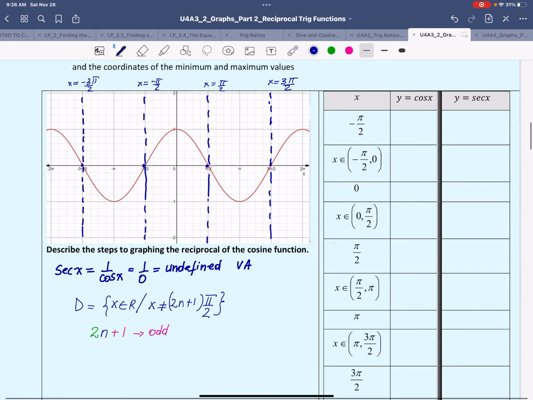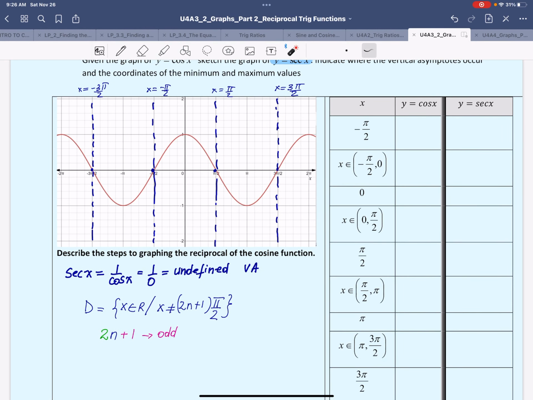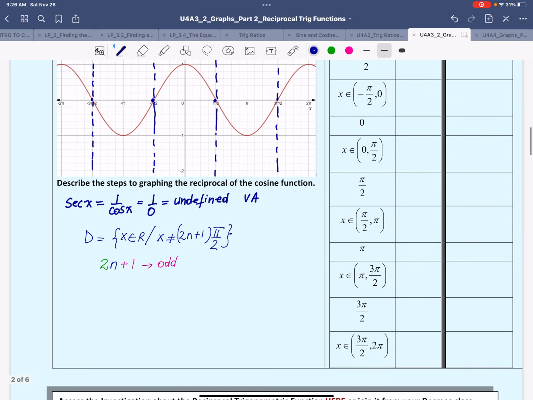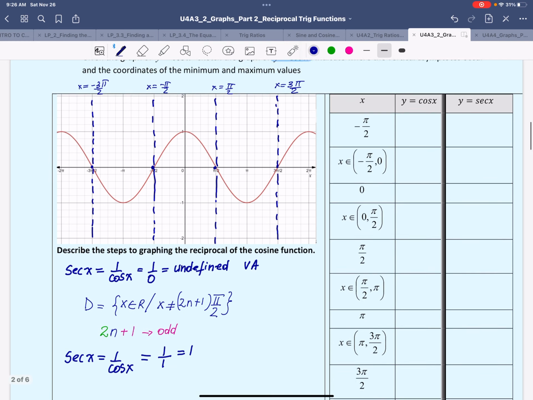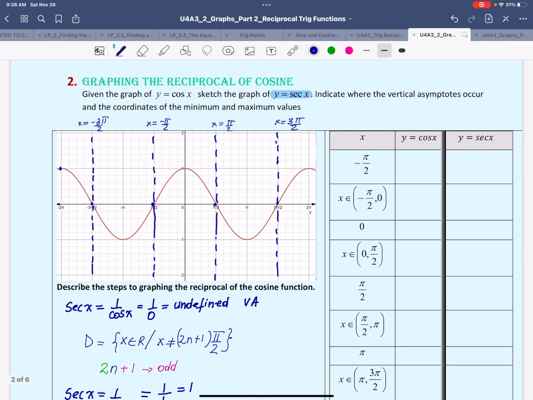Now, next, we are going to look into the maximums of the cosine function. Remember that at the maximum, the cosine function has a value of 1. What that means for the secant function, which is the reciprocal of cosine, is that the secant will have a value of 1 over 1, which is 1. So the points that mark the maximum of the cosine will be points on the graph of the reciprocal.